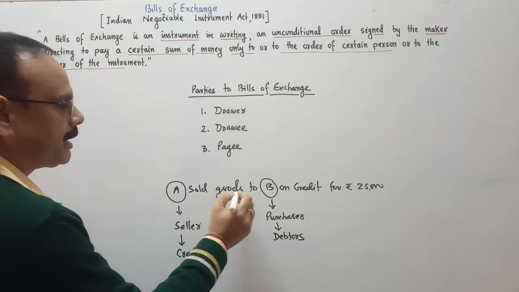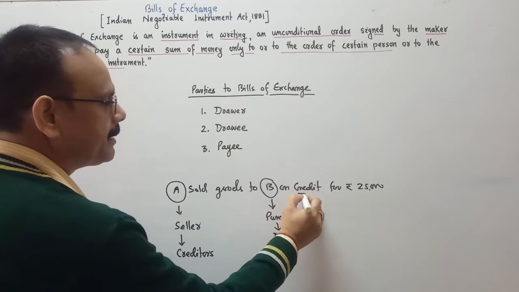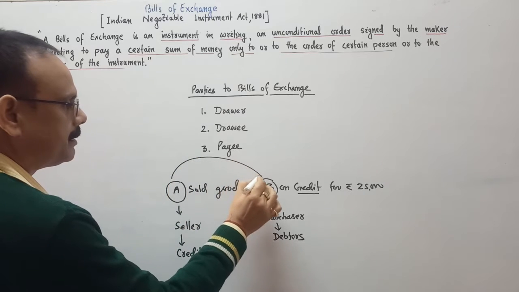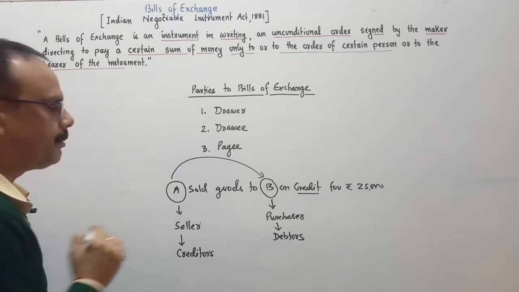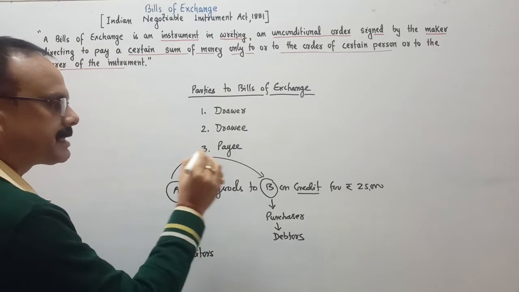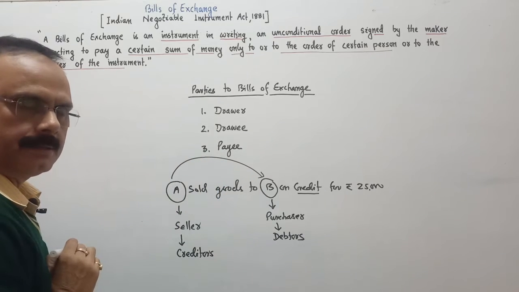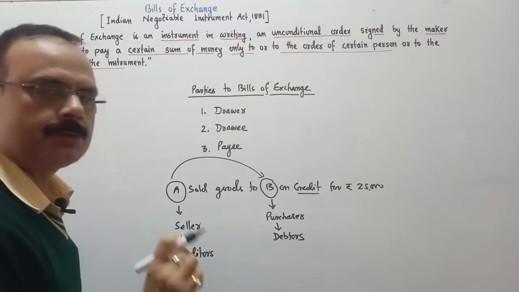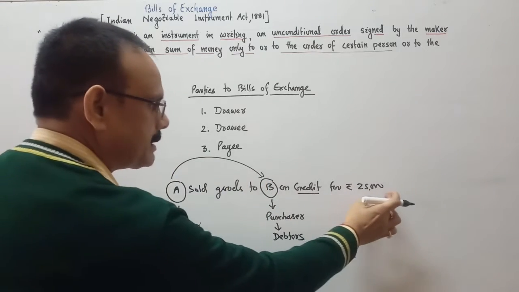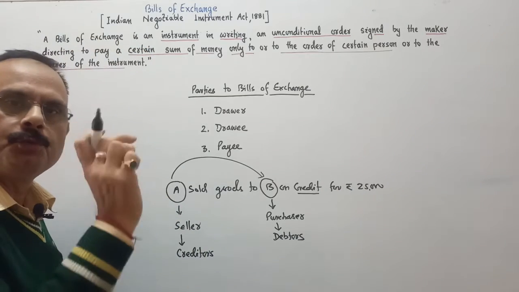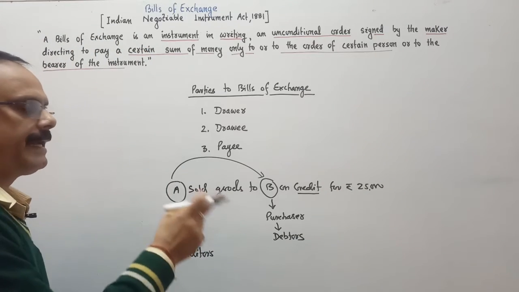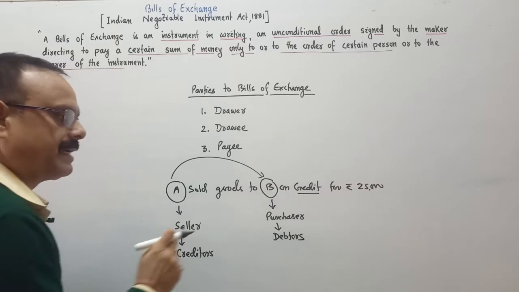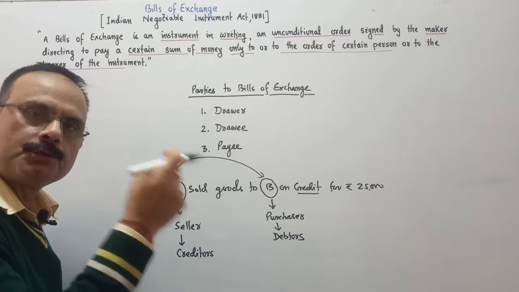So when the goods are sold on credit, A draws a bill on B. Who draws the bill? A draws a bill on B. Suppose B agrees to pay the amount, rupees 25,000, to A after 2 months.